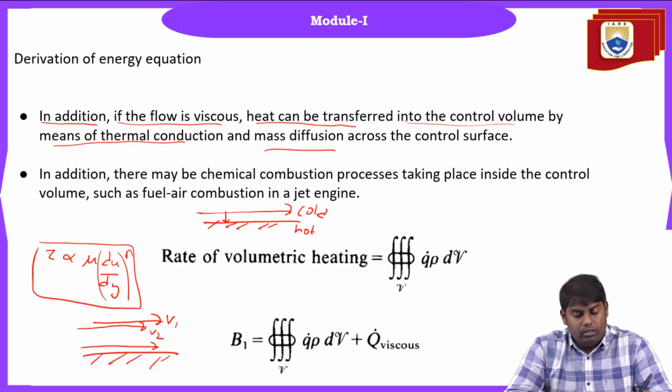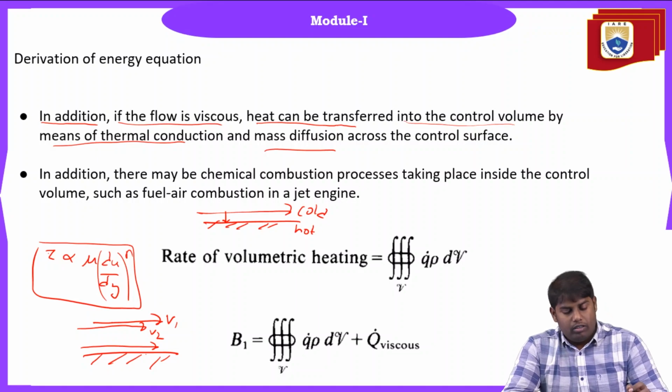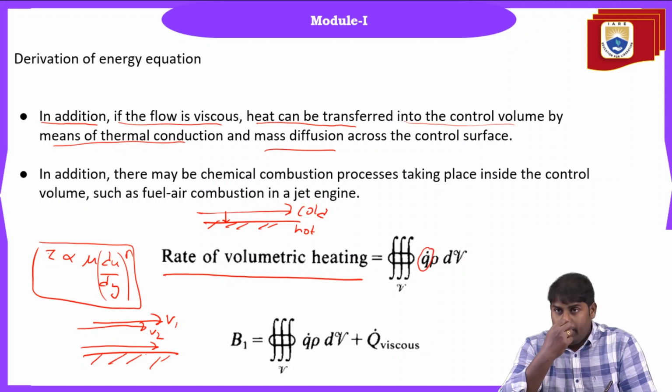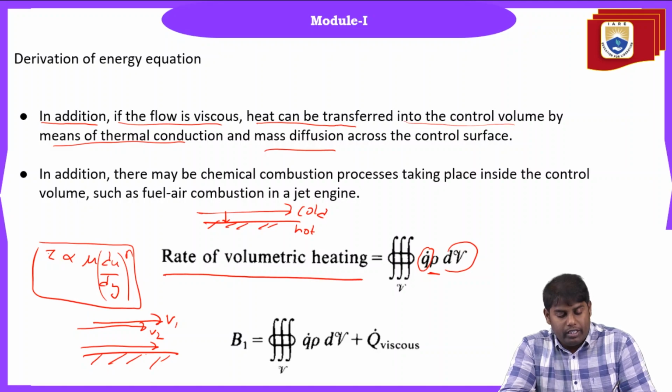Now in addition you have combustion taking place. Therefore Q dot is the volumetric heating happening inside the control volume, where rho is the density and dV is throughout the volume. The rate of volumetric heating has a triple integral, meaning throughout the volume.